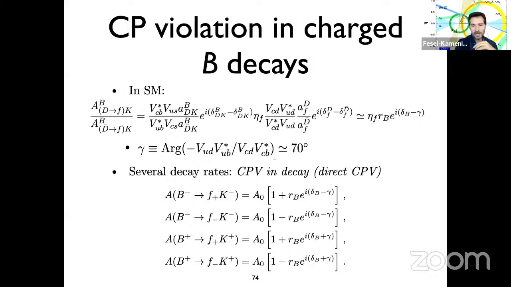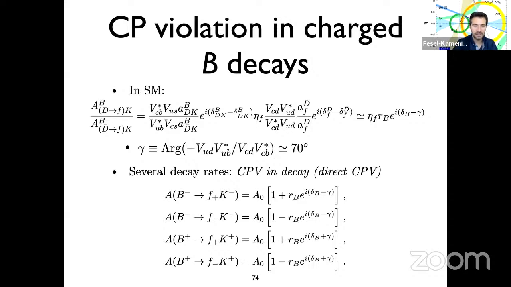So these measurements rely on the fact that, contrary to the previous cases, here the decay amplitudes are not dominated by a single decay amplitude, but they have two decay amplitudes which compete with each other, and they're governed by different weak phases.